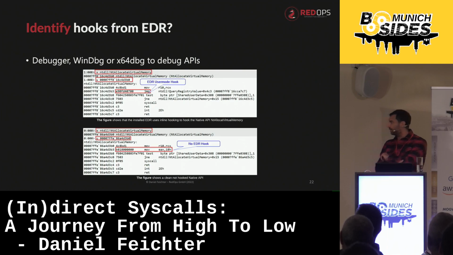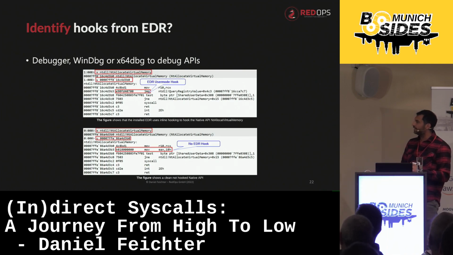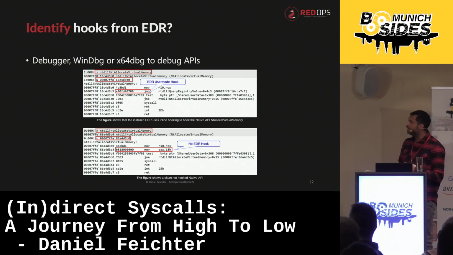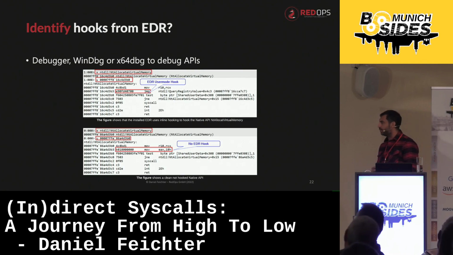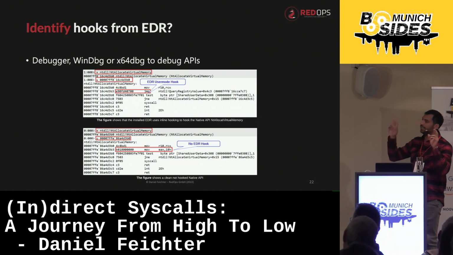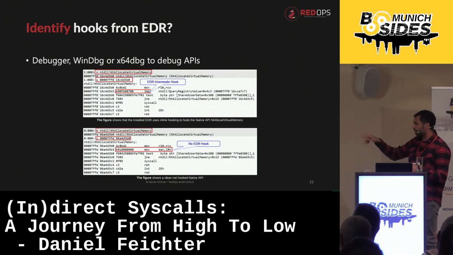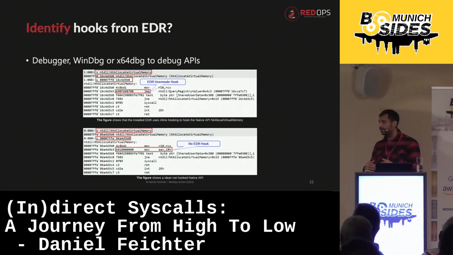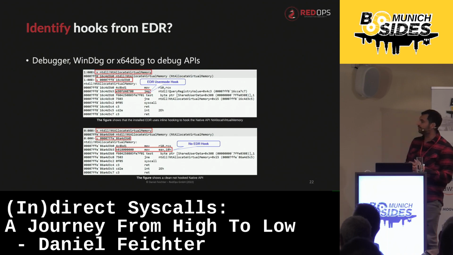If you want to check out what an inline hook looks like, you can also use a debugger like WinDbg. On the lower illustration, we see a clean syscall stub. Around the red line, we have a move instruction which puts the syscall service number, in this case 18, into the EAX register, preparing it for execution.